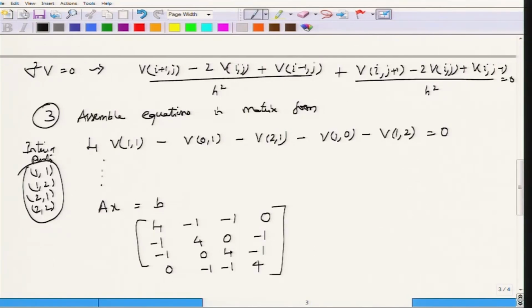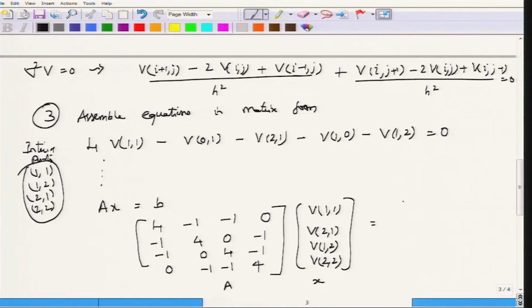Okay. So, you can write down the equations in this fashion and then say this is V of 1 comma 1, V of 2 comma 1, V of 1 comma 2 and then V of 2 comma 2. This would be your x. So, this is x, this is A.